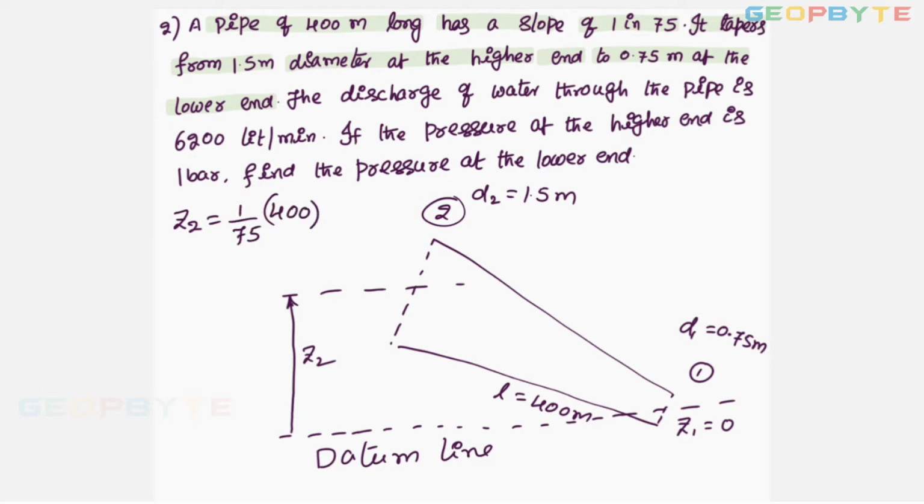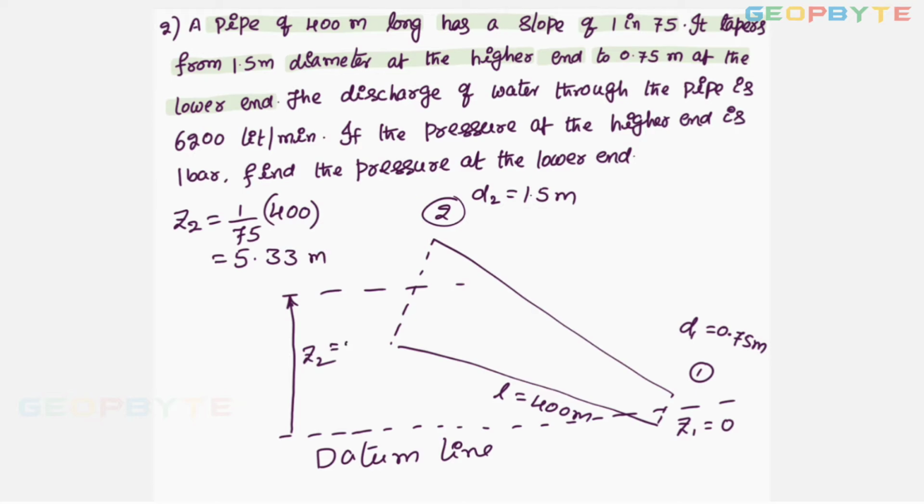That is the meaning of slope 1 in 75. That means for each 75 meters length, 1 meter height is there. Then for 400 meters long, height is 400 divided by 75, which gives around 5.33 meters.